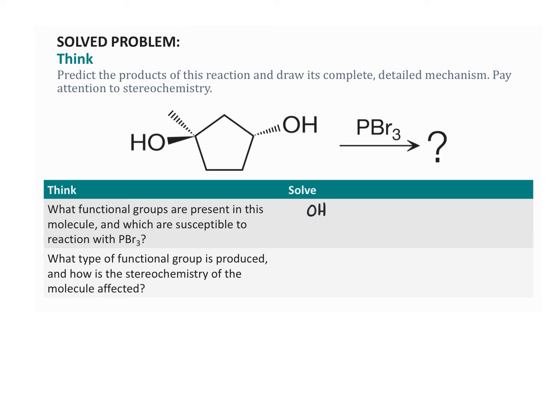We have two OH functional groups here. We have one here and one here, okay? And so we need to ask ourselves, are both of those valid functional groups that can react? The one on the right is on a secondary carbon here, and the one on the left is attached to a tertiary carbon here.